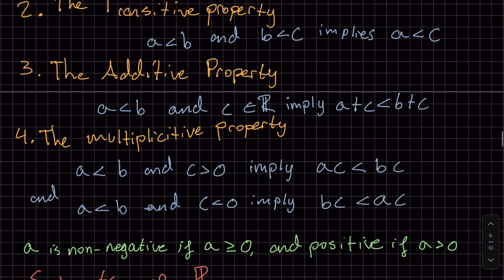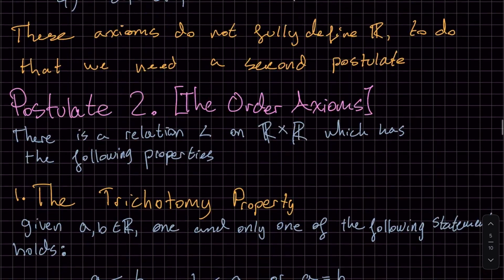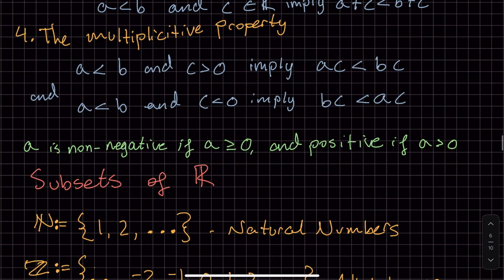The multiplicative property in the order axioms just states that if you're multiplying both sides of an inequality by a negative number, then the inequality flips.